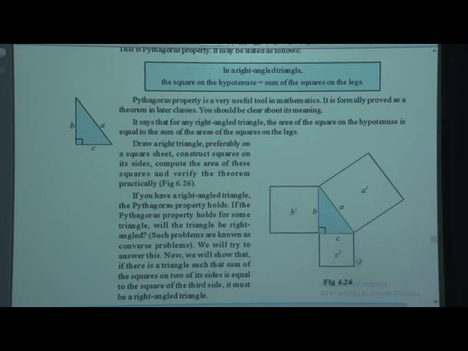If the square of this is 3, then you have to consider 9. That should be the sum of B square plus C square, and it should be the square of the hypotenuse. Then only we can say that it is applicable to this right angle triangle.